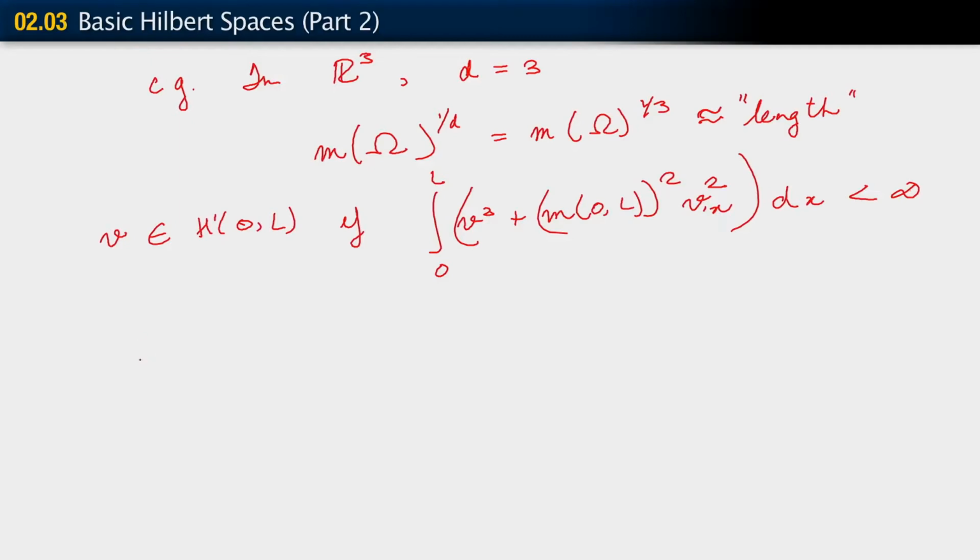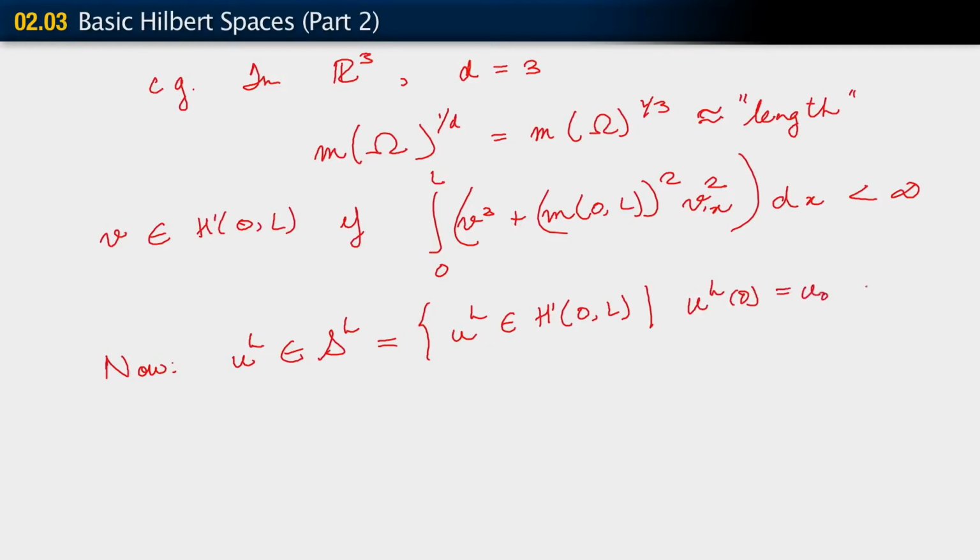Now you observe that when we say that UH belongs to SH, where SH is equal to functions belonging to H1, what we're saying is that UH is such that we expect the function itself to be bounded, because it is square integrable, as well as its derivatives.